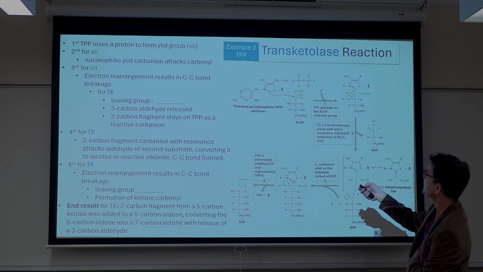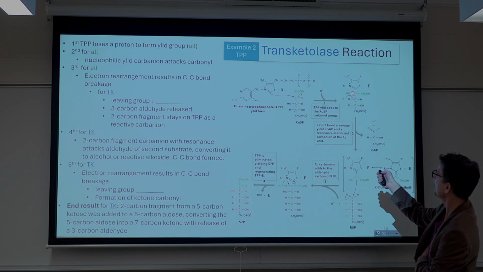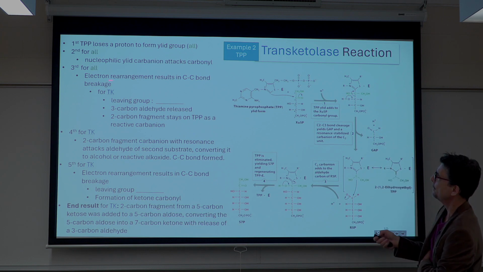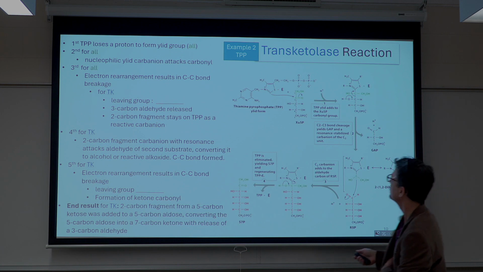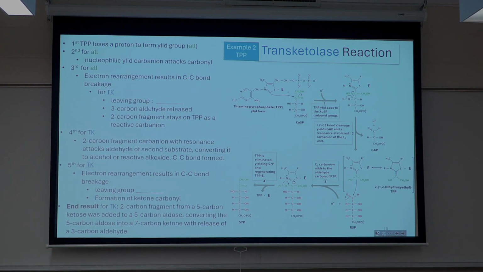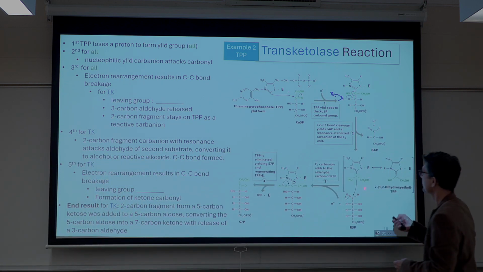So when you get to this step then, attack, kick it off, form a hydroxyl group, which is right there, electron rearrangement. And electron rearrangement, we can be a little bit better than that because we do know that this is base catalyzed. We know that there is a base pulling that off. Down to here.